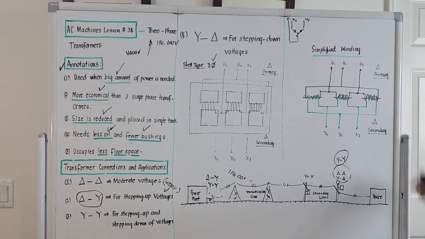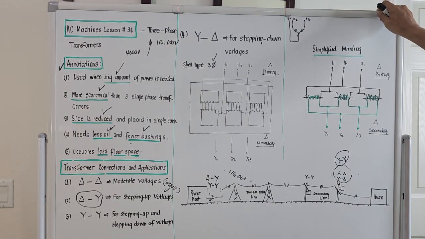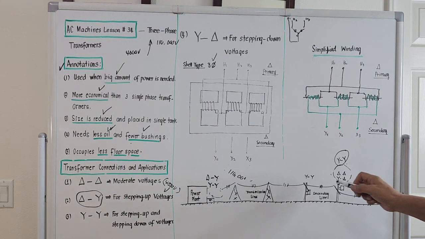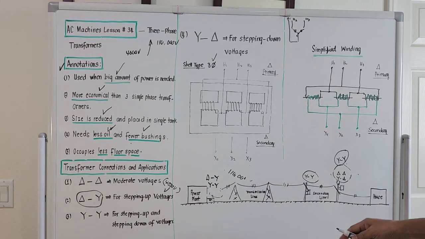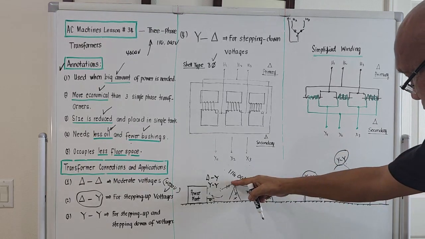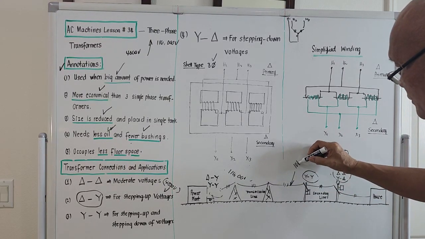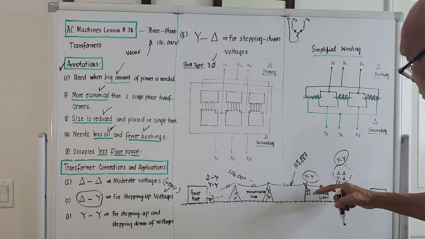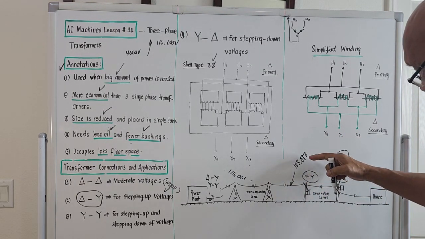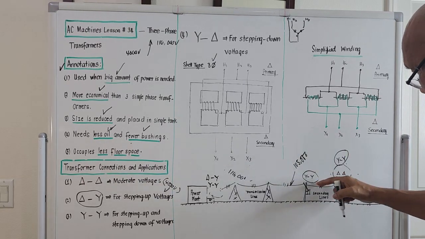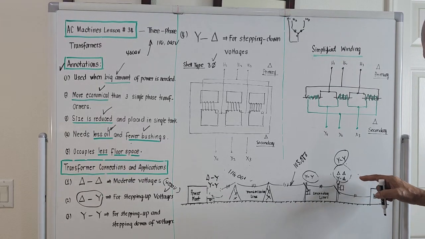And where's the other YY? YY for stepping down, it could be here. Why do we need it here? Supposing this is 110,000, upon reaching this one, this is 105,000. So there will be another transformer here that will step down this one to a safer voltage before we could deliver it to the secondary transformers.